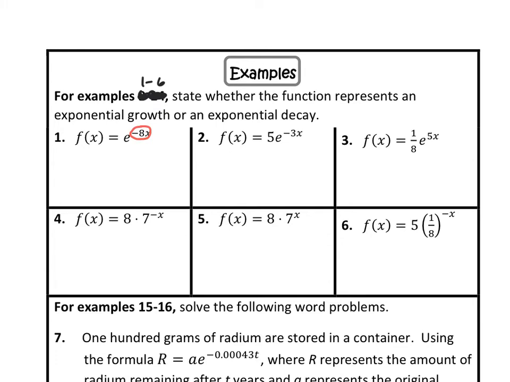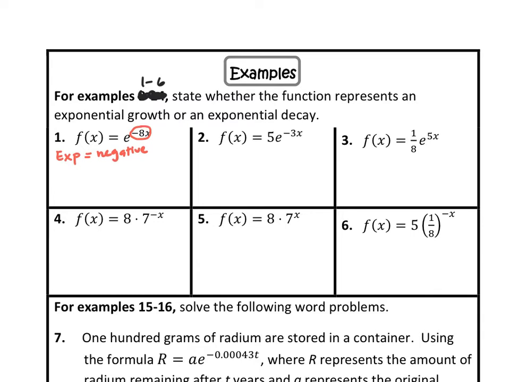Is it positive or negative? Okay, so I'm going to put here the exponent. It's negative 8x, so we're going to say it's negative. And on the previous page, it says that if the exponent is negative, then we have to check the base to see if it's going to be exponential growth or decay.